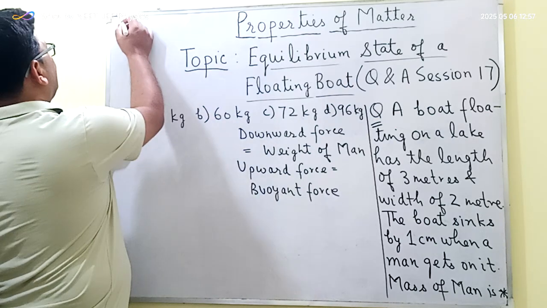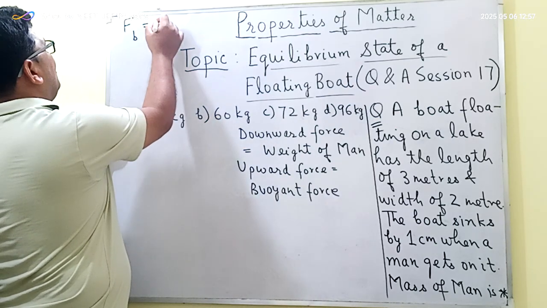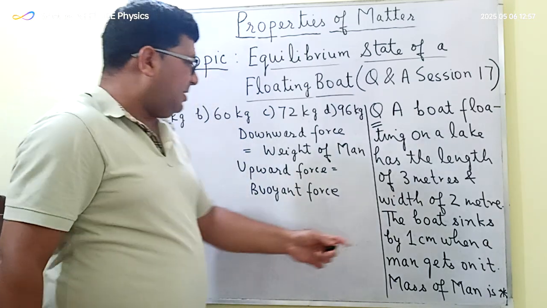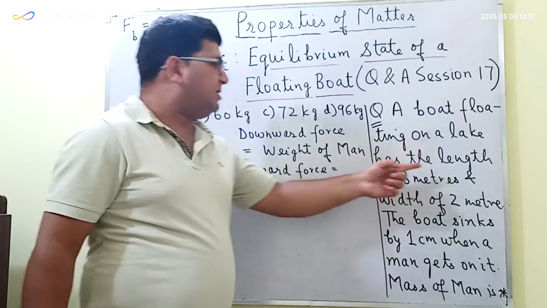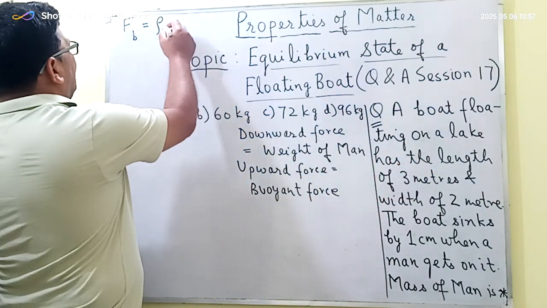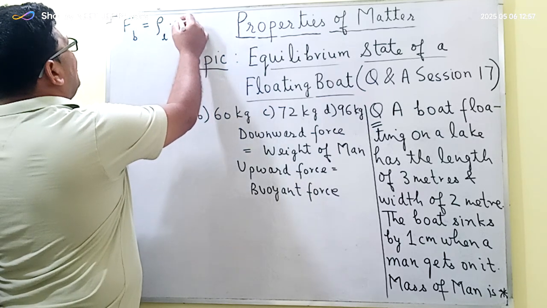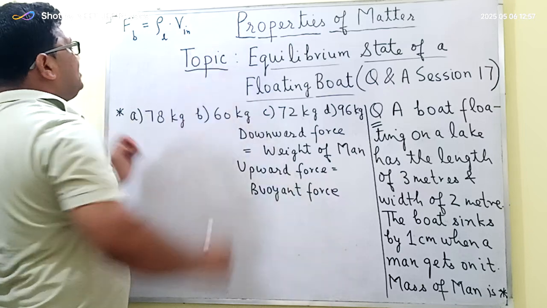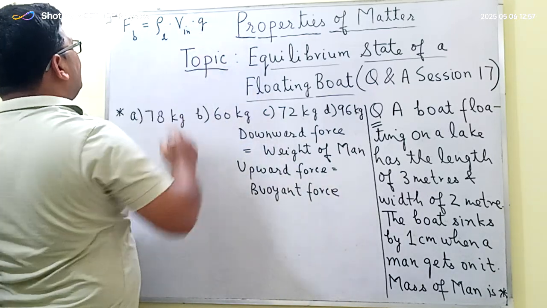So now the buoyant force, say this is FB, is equal to the density of the liquid, and here since the boat is floating on a lake, the density of the water will be taken into consideration. The density of water into the volume of the boat which is inside the water multiplied by the acceleration due to gravity.